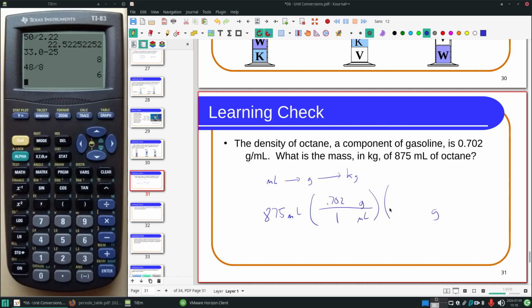And then grams into kilograms. 1 kilogram is 1,000 grams. 875 times 0.702 divided by 1,000 is 0.614, and I'd have 3 significant figures here and 3 there. So my answer has 3 significant figures. 0.614, and this would be kilograms.